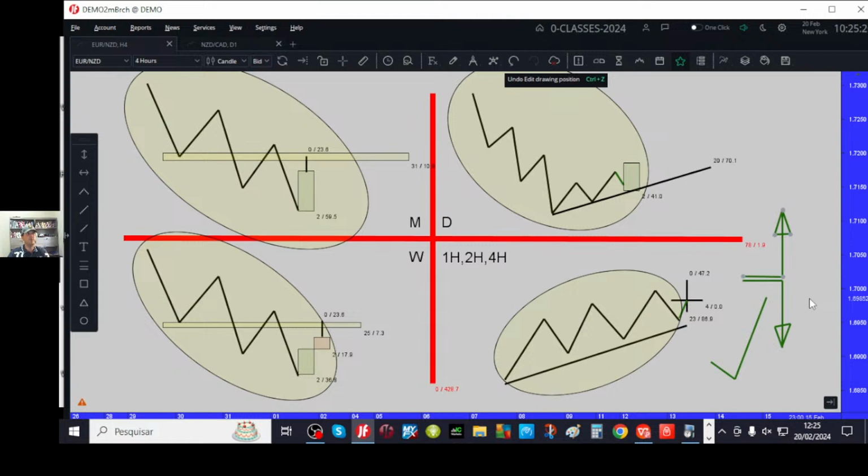Based on what you see. There is no right or wrong, it's a probability game. Down according to higher time frames. Thank you very much. I need more answers, everybody, before I surprise you with the answer.